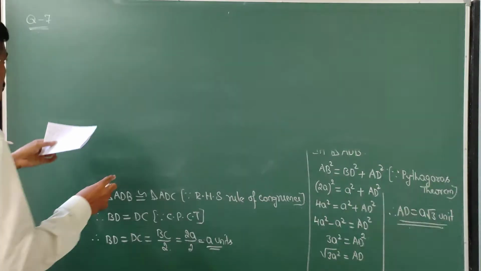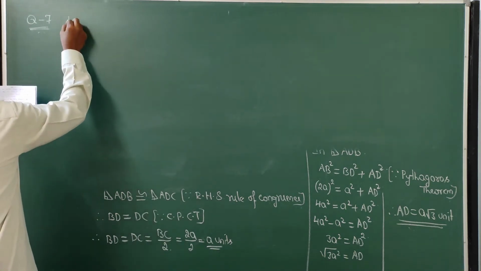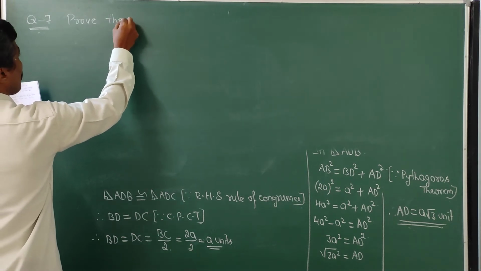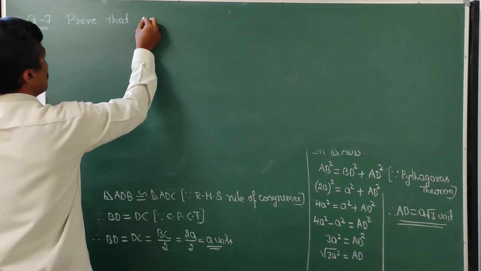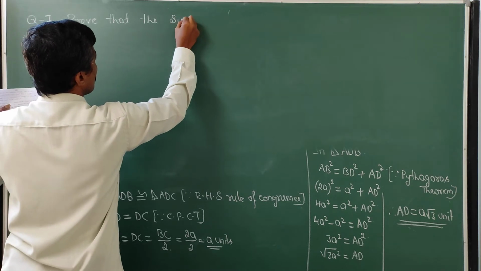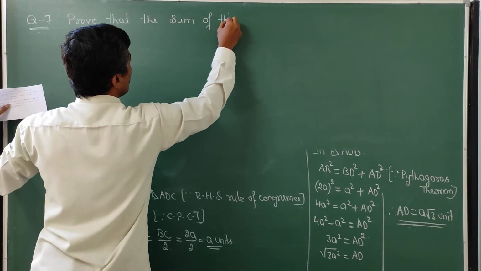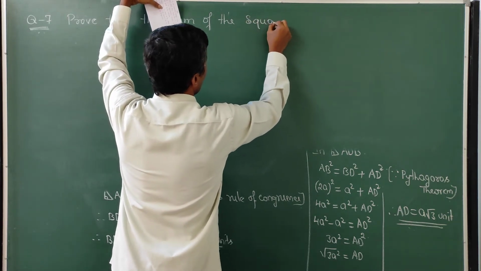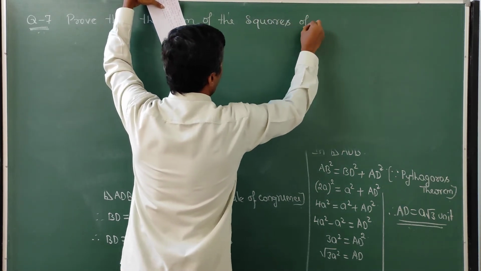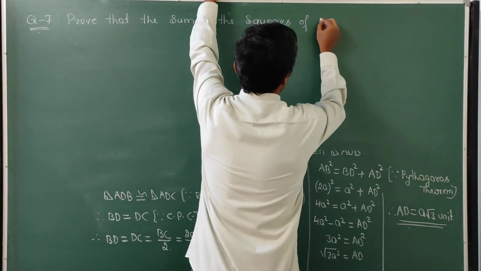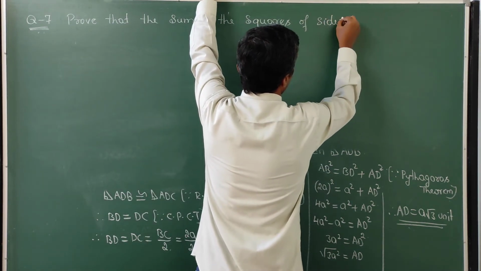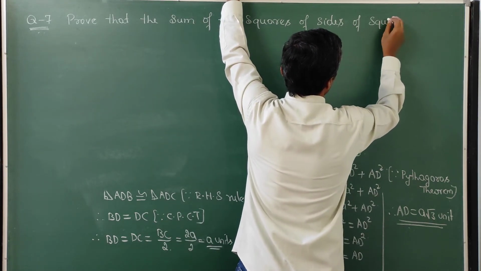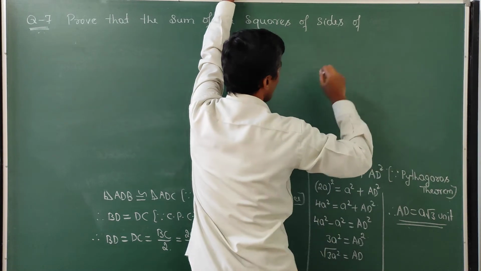The question is like this: prove that the sum of the squares of sides of a rhombus is equal to the sum of the squares of its diagonals.